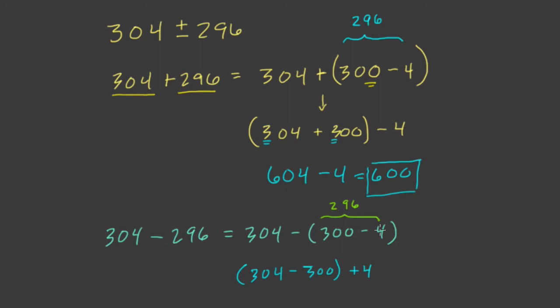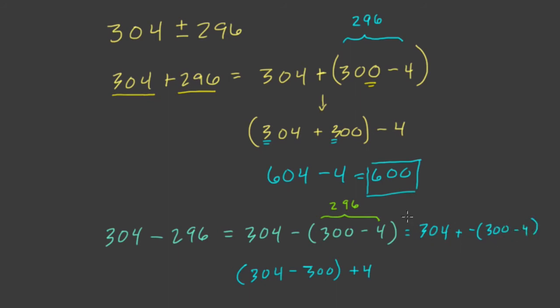Or you can think of it as distributing the negative signs, so negative 300, negative negative 4. Or you can think of this as plus negative 4. That's a little confusing though, and you would still end up with the same sign distribution. If you want to reassociate it, it would look like this: 304, instead of minus, it would be plus negative 300 minus 4.